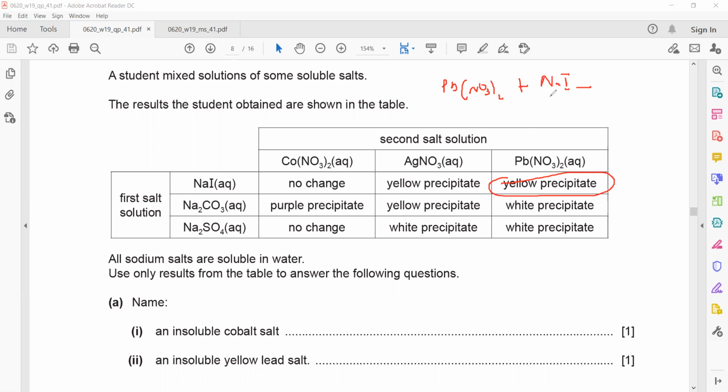Again, sodium takes the position, double displacement. So it will form lead iodide, and this lead iodide is the yellow precipitate. So this was lead iodide.